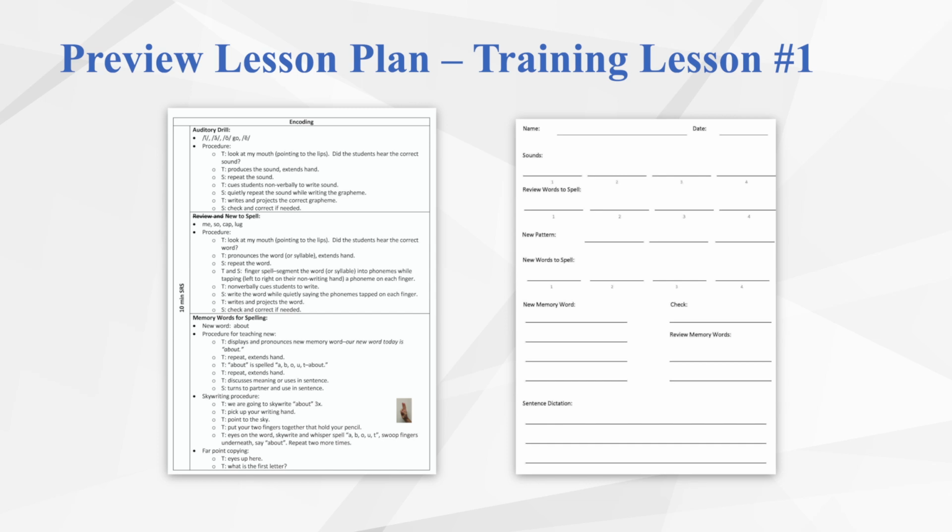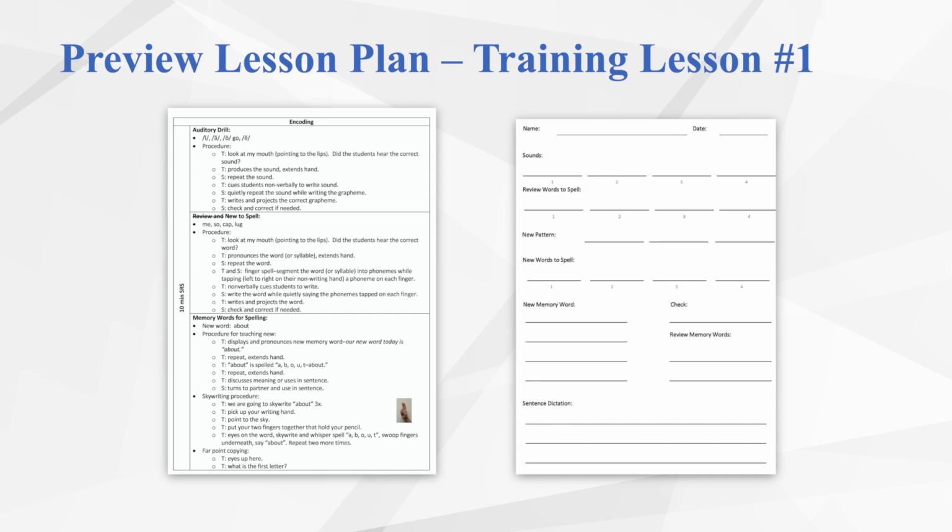In an auditory drill, we're spelling sounds in isolation, much the same way that a visual drill worked on reading sounds in isolation. We then shift to spelling words. In the training lesson, we won't have any review words to spell. However, in most OG lessons, we will spell using previously learned skills and new content.